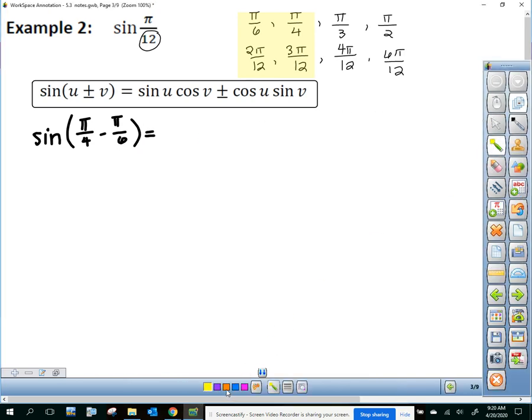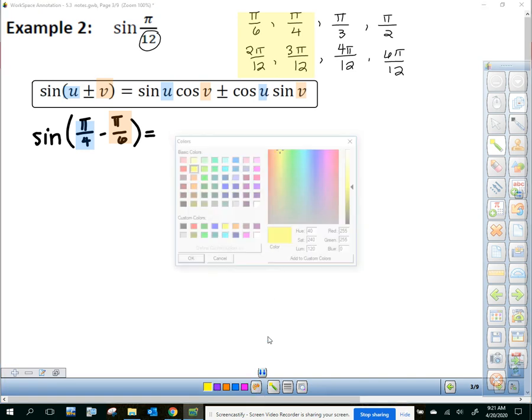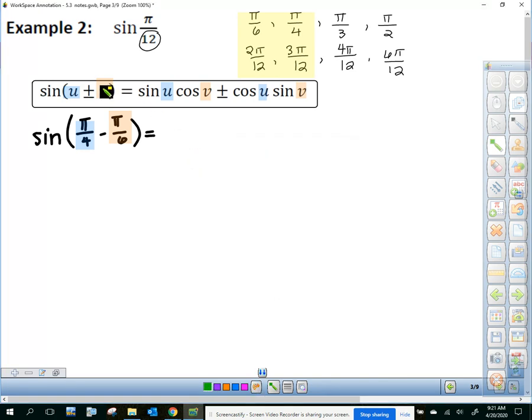I'll do my highlighting again here for you. So my u is pi 12, that's going to appear here and here. And my v is pi 6, it'll appear here and here. And my sum or difference, this is a difference, so it's going to stay the same. Remember, if it's minus, it stays minus.